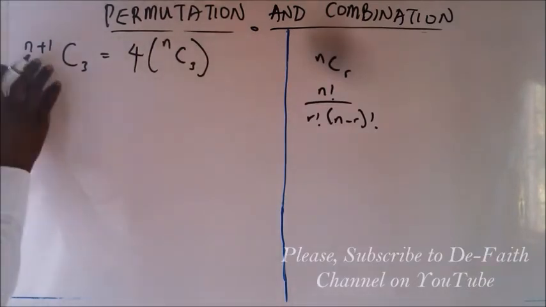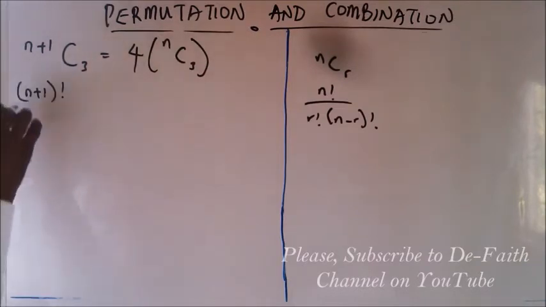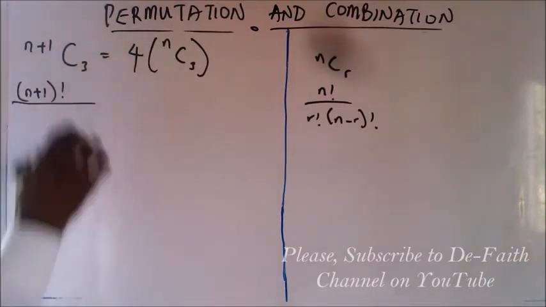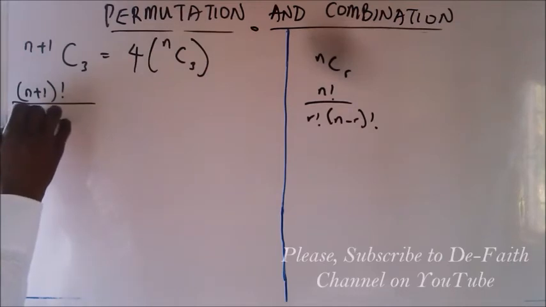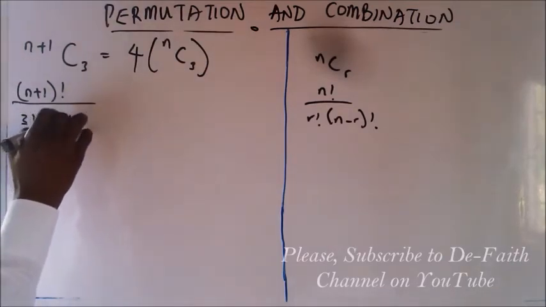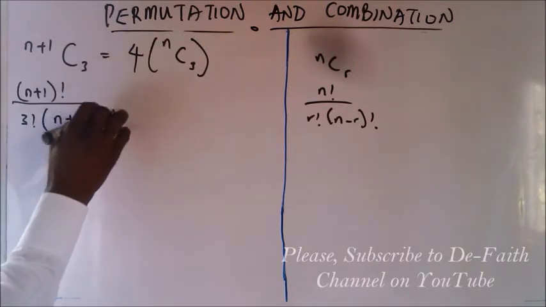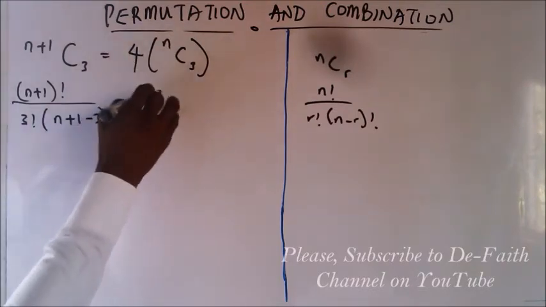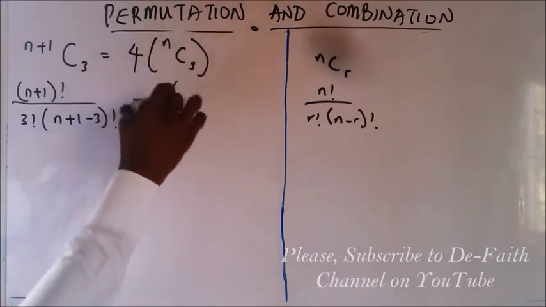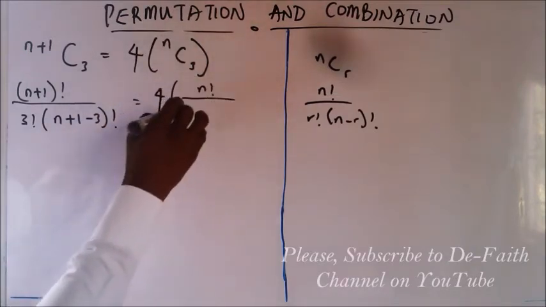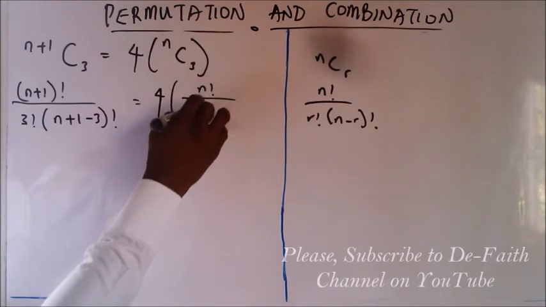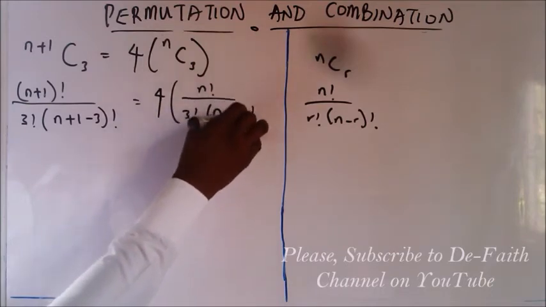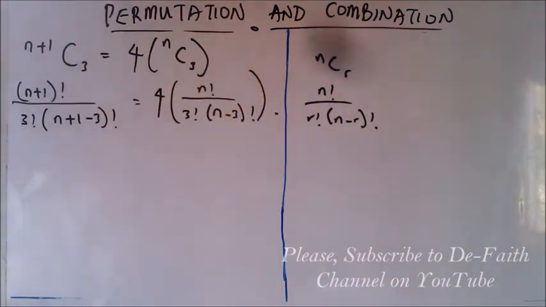So that's what we are going to use to solve this. Here is our n, and so we have it as n plus 1 factorial divided by 3 factorial times (n plus 1 minus 3) factorial, equal to 4 times (n factorial over 3 factorial times (n minus 3) factorial). Now from here, what does n plus 1 factorial mean?